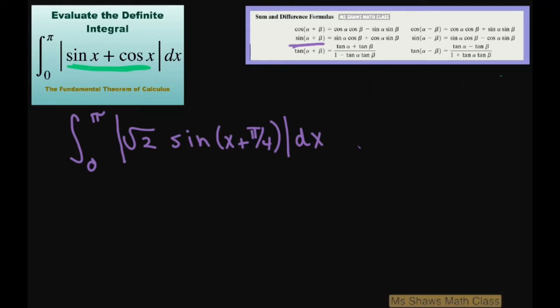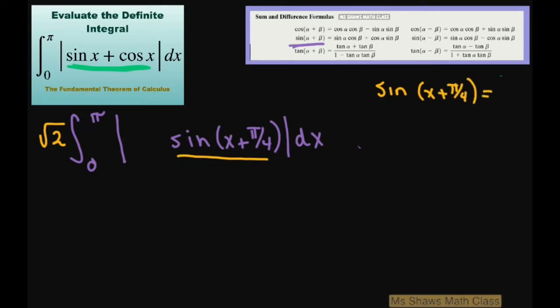All right. Also, since it's an absolute value, I'm going to pull this square root of 2 out, since square root of 2 is already positive. Since it's an absolute value, we need to set the inside to 0. So if we have sine of x plus pi divided by 4 equals 0, now if we just had some theta, that would be 0 and pi.